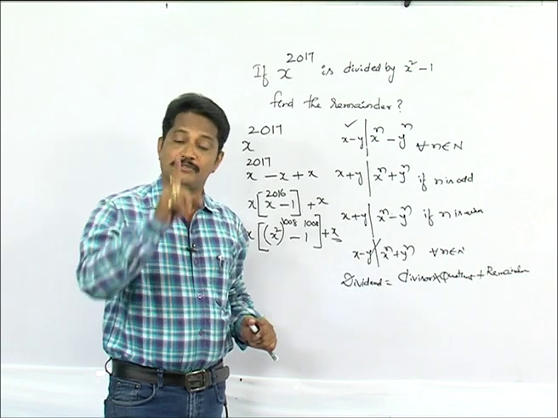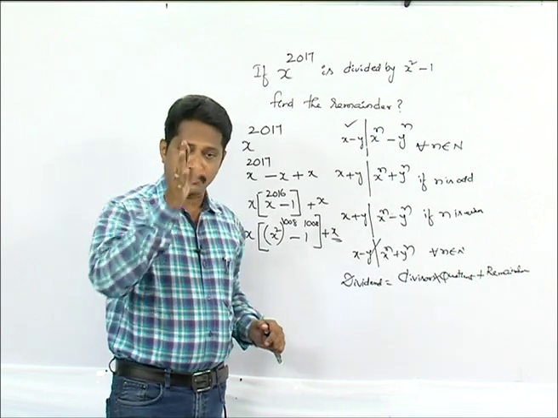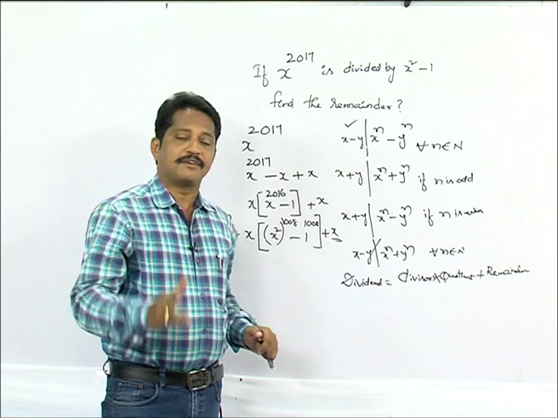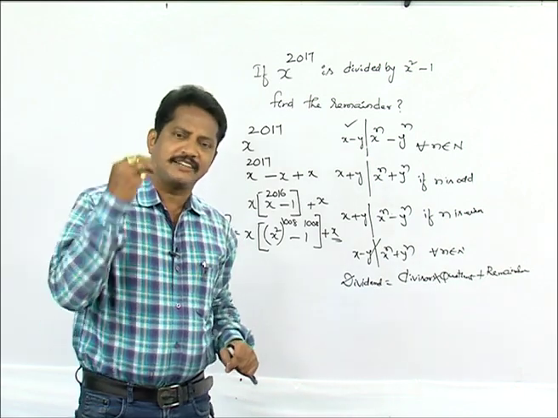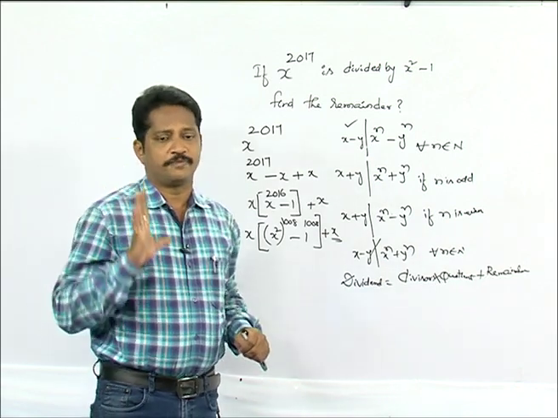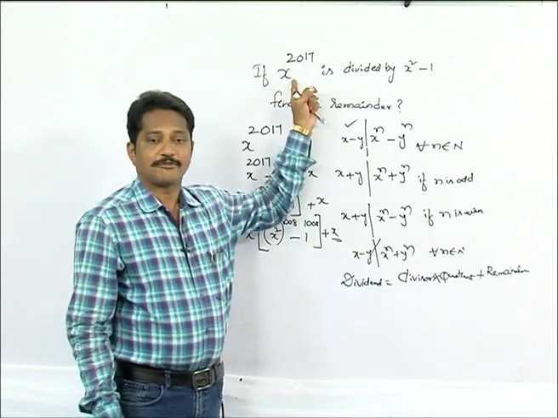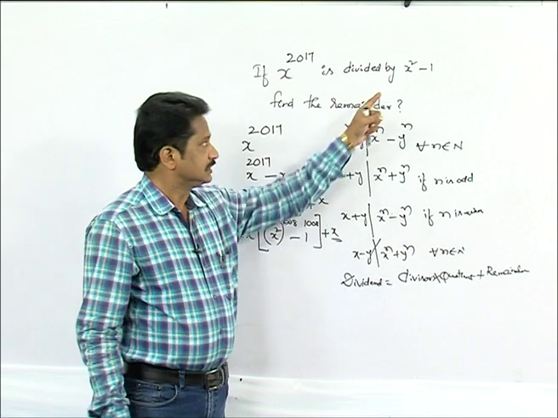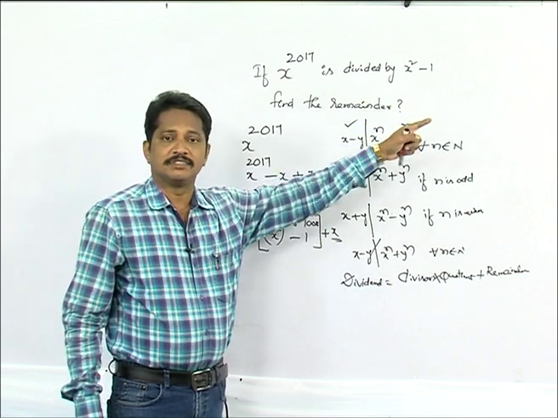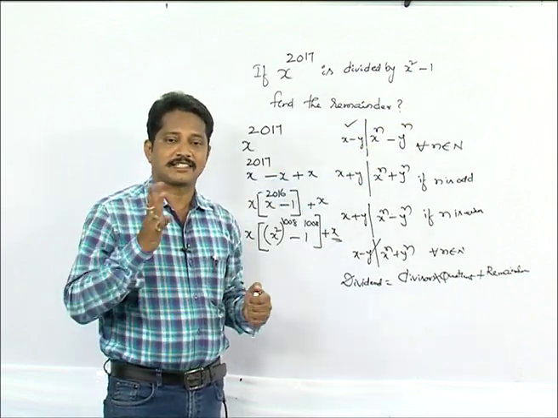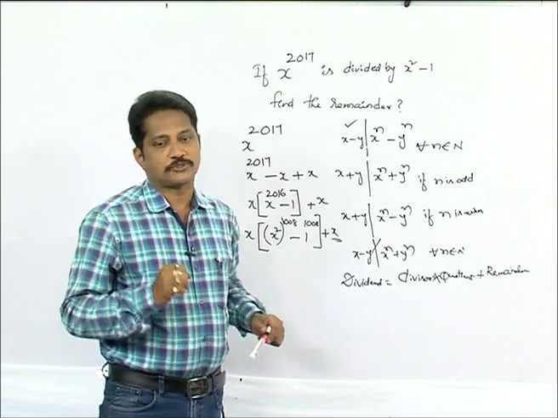Even x to the power of 101 or x to the power of 2015 or x to the power of 1003, whatever it may be, when it is more than 2, any odd power of x divided by x square minus 1 leaves the remainder x. That is the beauty of this question.